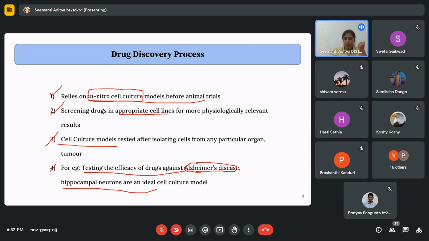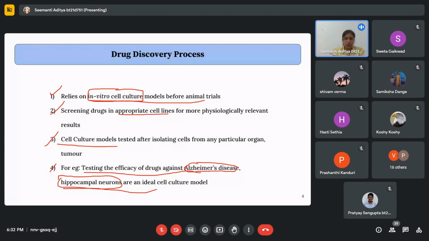The reason is not yet known properly, why there is a death of hippocampal neurons, and why this disease has onset in the late 60s and 70s. So it's a late onset, neurodegenerative disease. For proper representation, we need to use hippocampal neurons for testing the drugs.